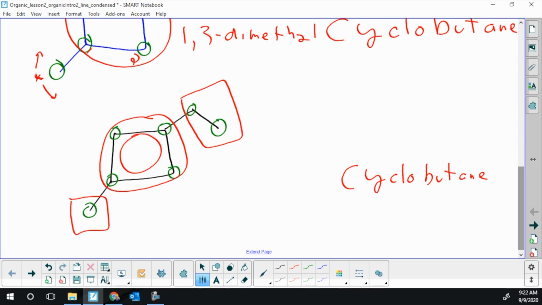Sorry, you're right. I'm meth and ethyl. So E is going to come before M. So I'm going to start with this guy. That's going to be my 1. And it's going to be a tie no matter which way I go around the circle. It's going to be 1, 3 no matter which way I go. So we have 1 dash. I need to go number to letter.